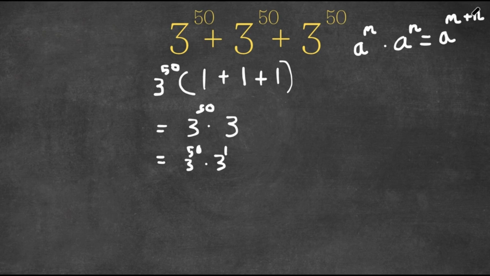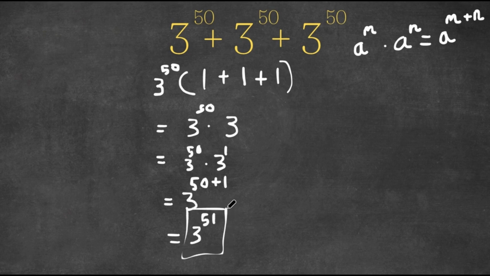So we have a to the power of m plus n. So think of 3 as a, 50 as m, and 1 as n. So we're going to keep the base the same, so 3, and we simply add the exponents. So 50 plus 1 is 51, so we end up with 3 to the power of 51. So this is our answer.